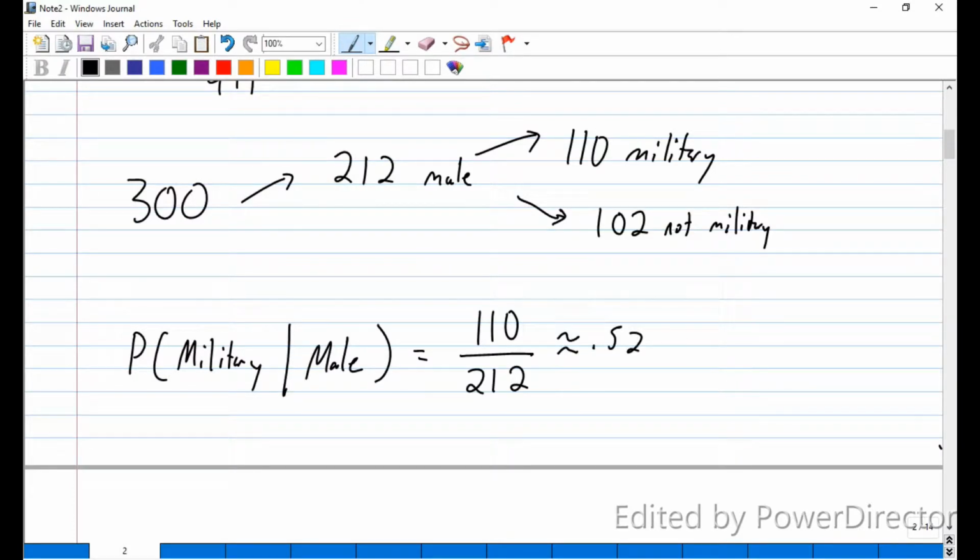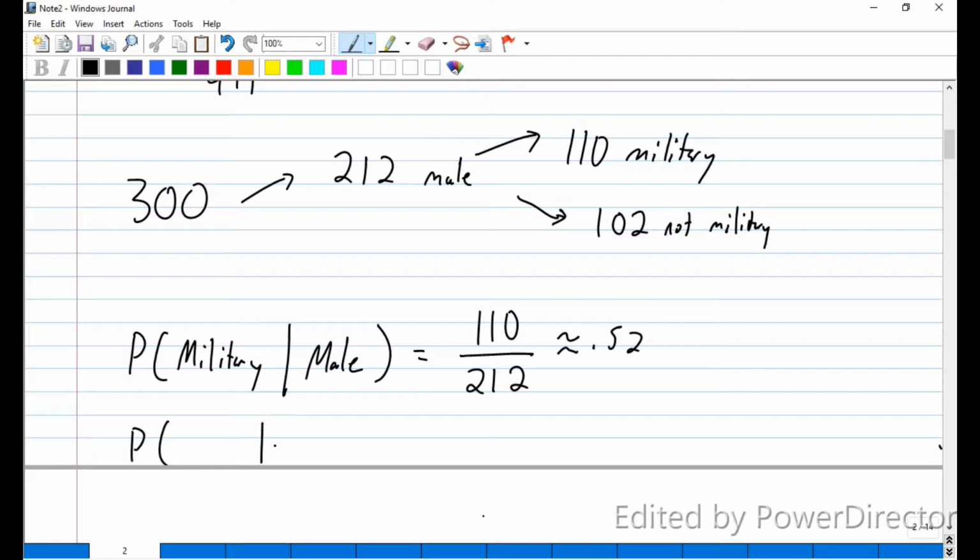Part B says, if 152 of the applicants have served in the military, what is the probability that a randomly chosen applicant is male, given that the applicant has served in the military? All right, so we were just given the total number of military people out of the 300.